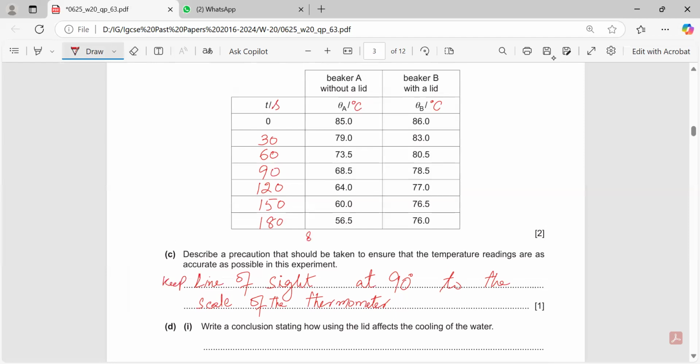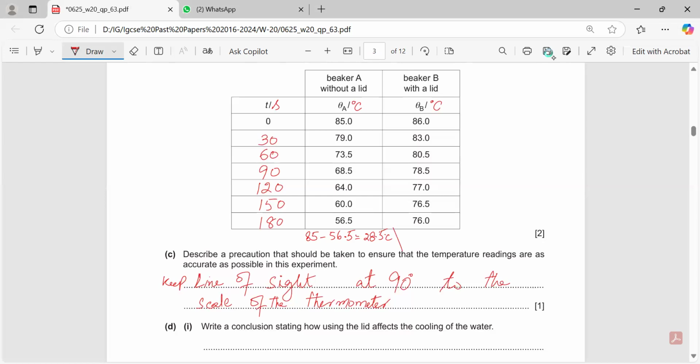In 180 seconds, 85 minus 56.5. What is the difference, my dear friends? Our fall in temperature is 85 minus 56.5 and the answer is 28.5 degrees Celsius. It means 28.5 degrees Celsius temperature has fallen.